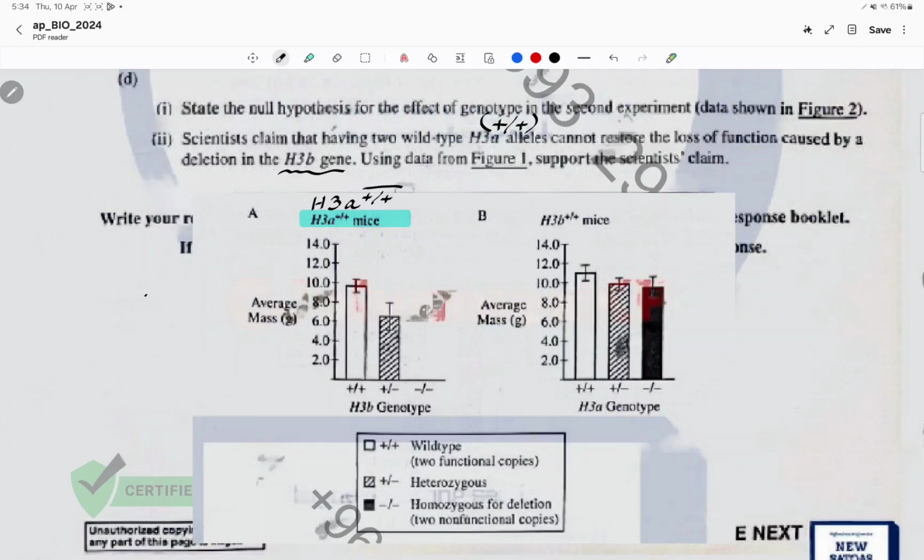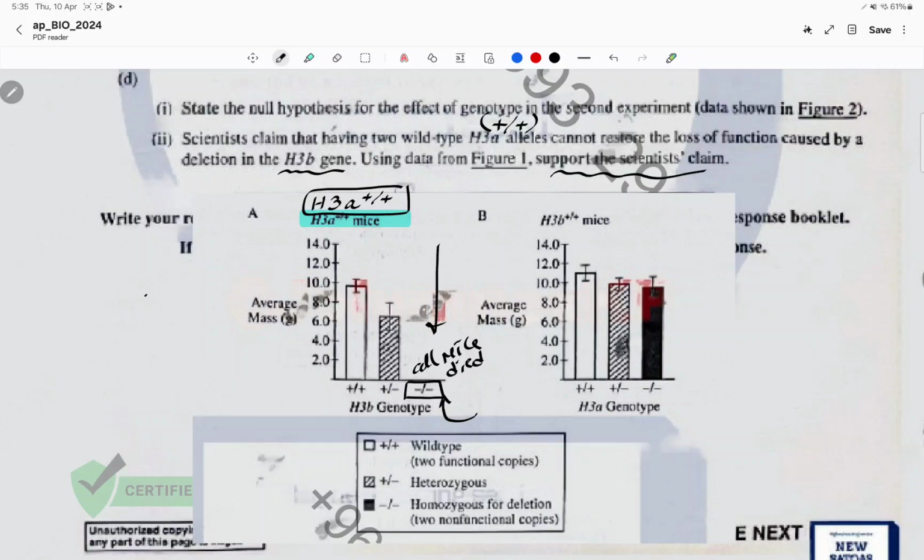And look, if you have H3A with a full deletion in the H3B, that means minus minus, all the mice died. So even though you had two functional plus for A, it could not save the mice because you had two missing B's basically. Okay. So yeah, that's how you support the claim.